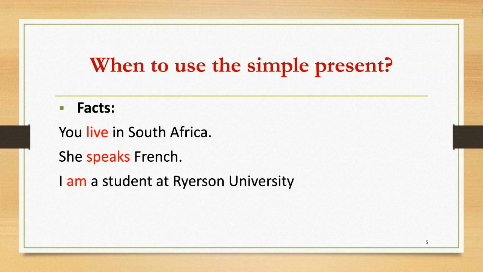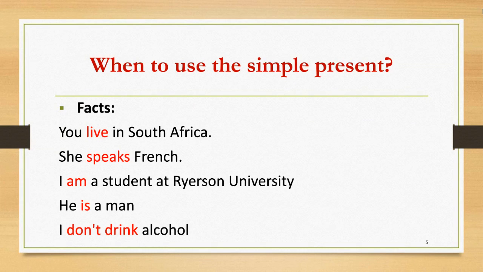Another example, I am a student at Ryerson University. This is a fact. He is a man. This is a fact that is always true. I don't drink alcohol. Even with negative form, I can say I drink alcohol.